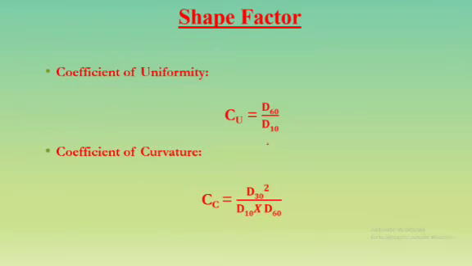Again, see what the coefficient of uniformity is. It is the ratio d60 divided by d10. Here the d in d60 and the d in d10, that is the diameter of the soil particle, may be different. Similarly, for the coefficient of curvature, Cc is equal to d30 square divided by d10 times d60.